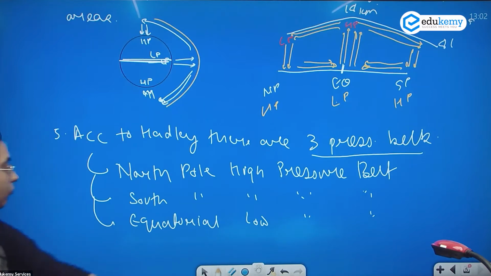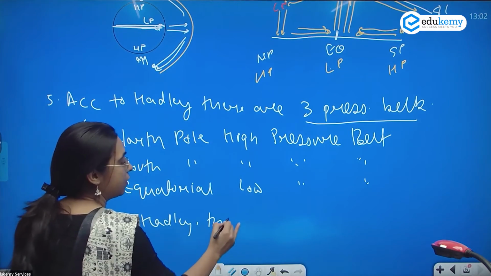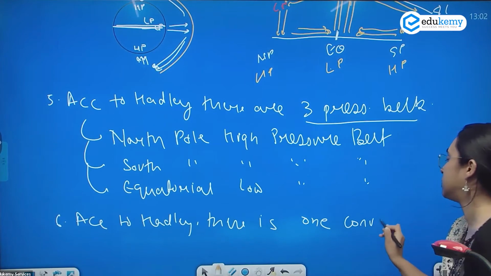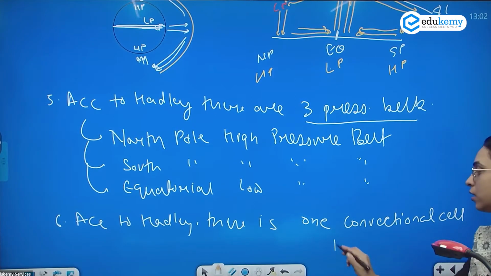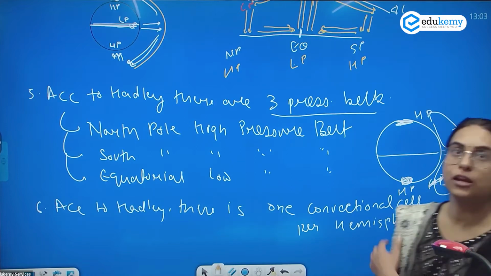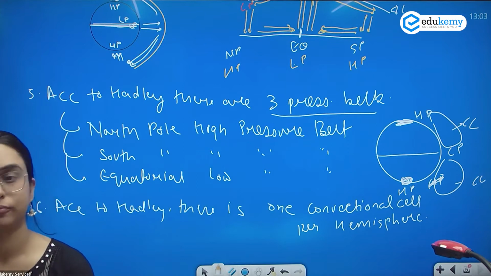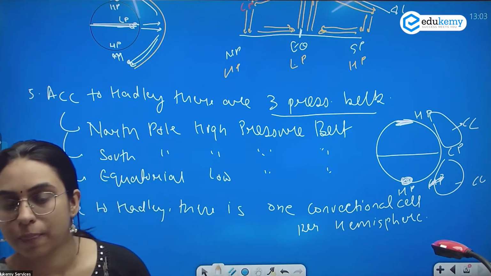And according to Hadley, there is one convectional cell per hemisphere. There are three pressure belts. Okay. That's what Hadley says.